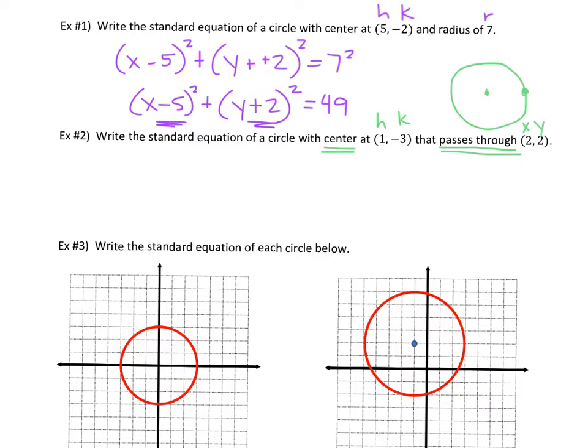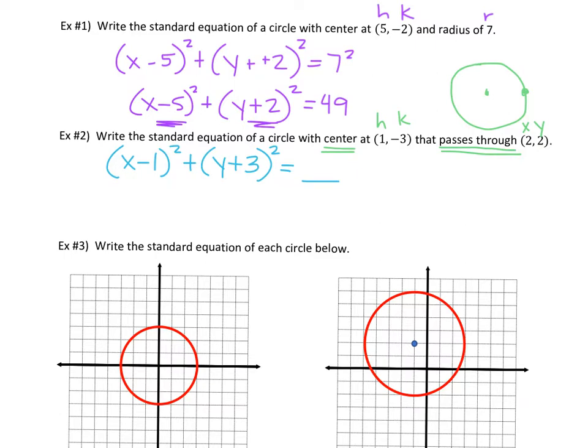So now if you think about the standard form of a circle, we know it's going to look like x minus your h value, so x minus 1 squared, plus y minus a negative 3, so y plus 3 squared, equals, and then we need to plug a number in here. We don't know the radius, but if you haven't noticed, this looks a lot like the distance formula, right?